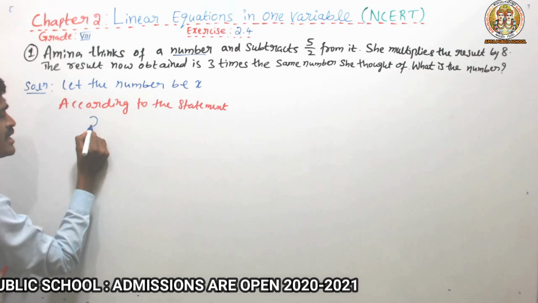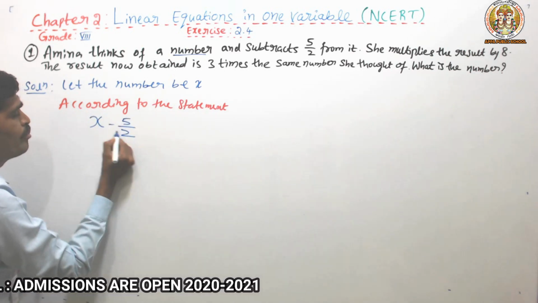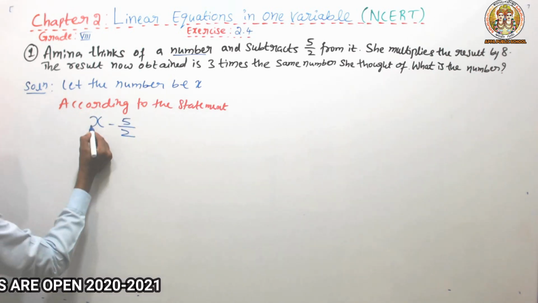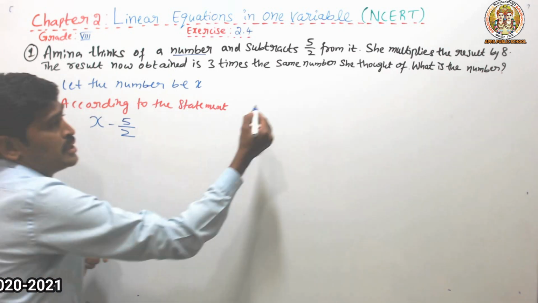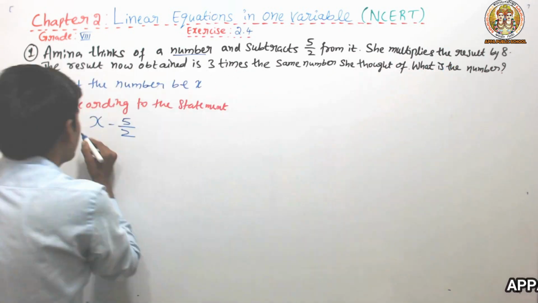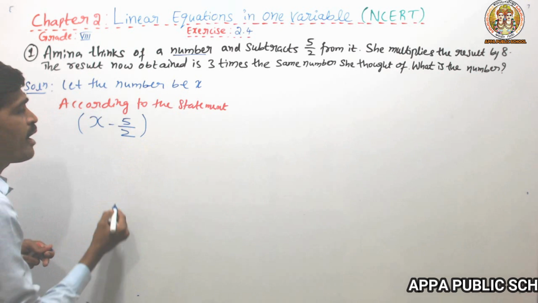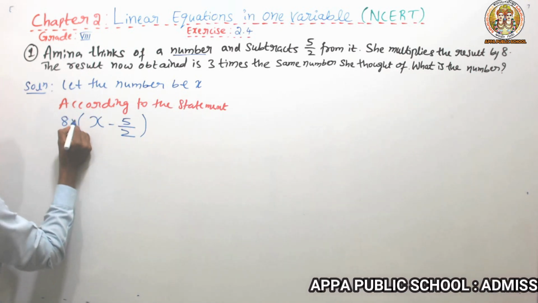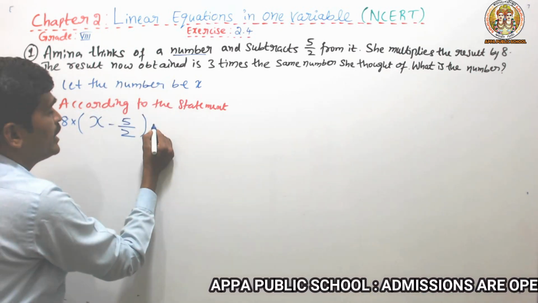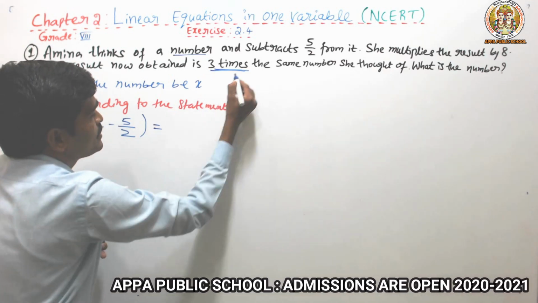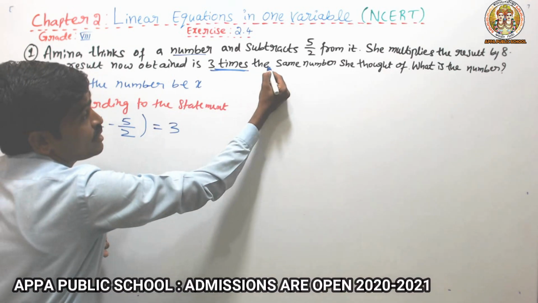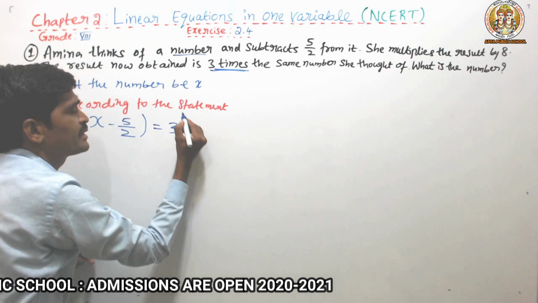So can I write x minus 5 by 2. She multiplies the result by 8. The result obtained is 3 times the same number, so we have to take 3x.